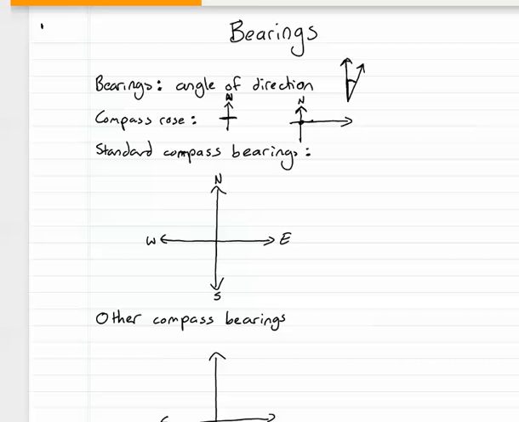Halfway between each of them, so at 45 degrees between them, we have northeast, southeast, southwest, northwest. And you'll notice that north and south come first, and whether we're east or west happens second.